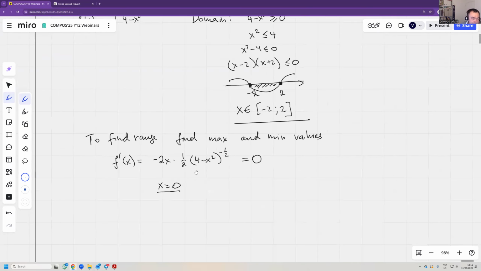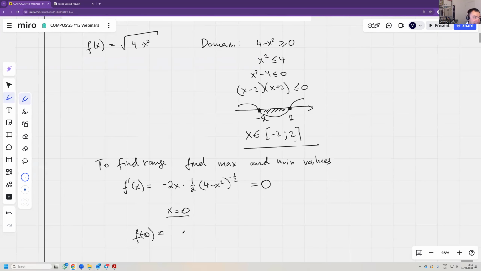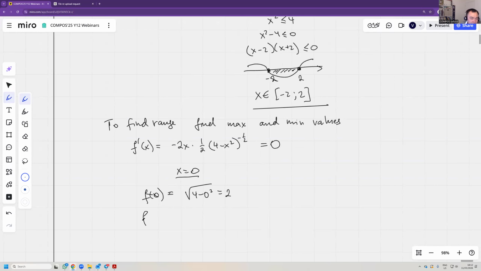All right, x equals 0, and then f of 0, if you sub that in, you would get 2. Square root of 4 minus 0 squared is 2. So the max value is 2. And f of minus 2 is 0, and f of 2 is also 0.